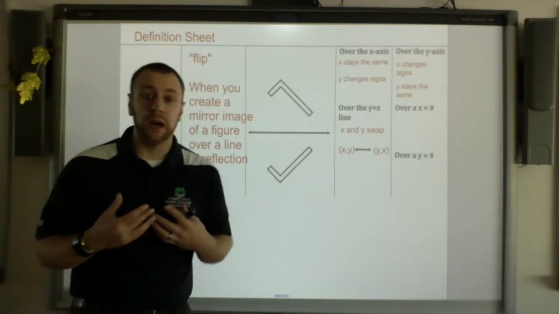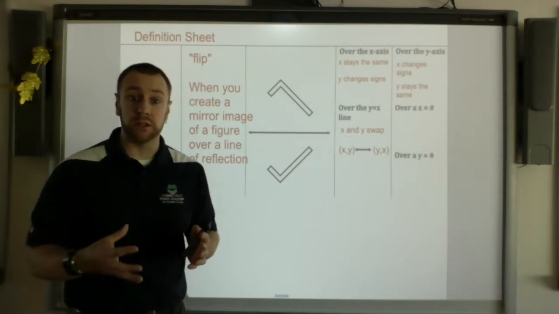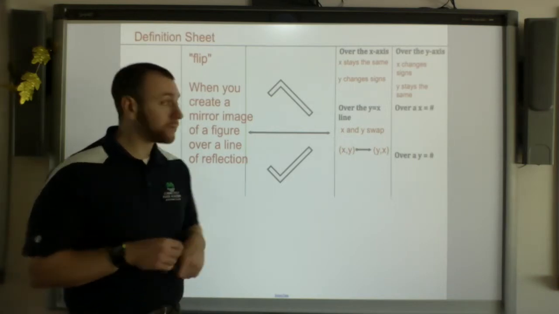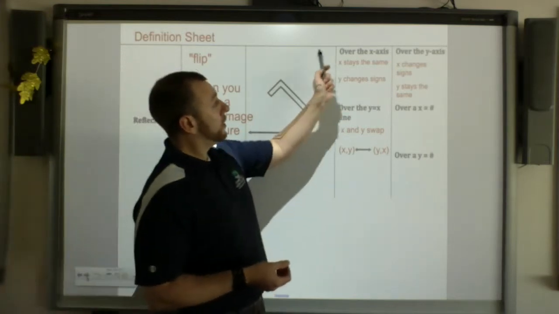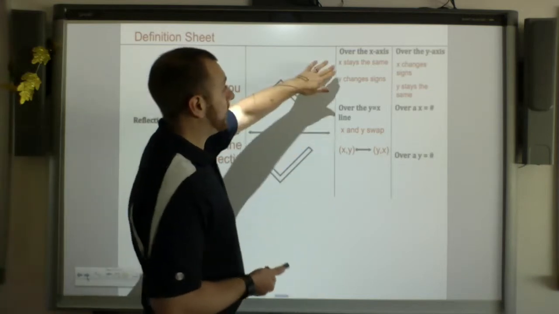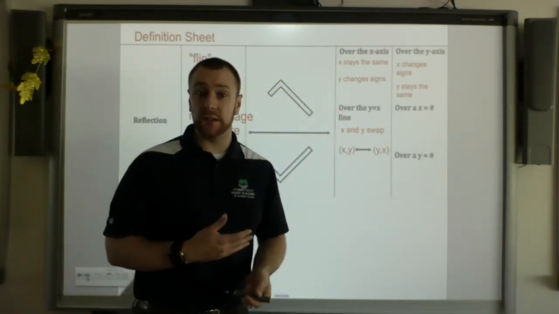Now there's basically five main reflections that we're going to concentrate on because we're only going to do these on the coordinate plane. If you flip something over the x-axis, your x values are going to stay the same, but your y values are going to change signs.